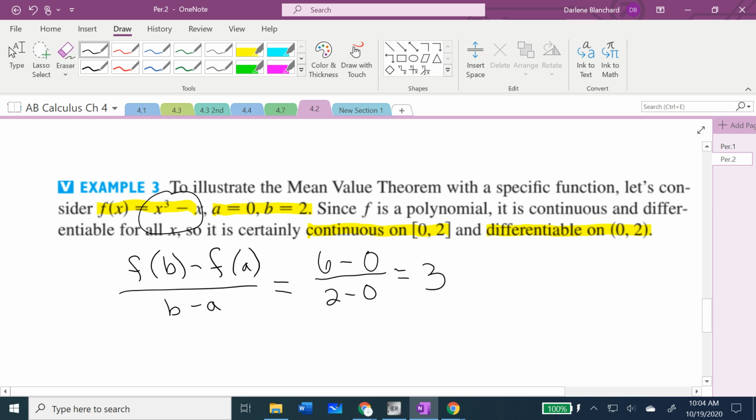And I have a value of 3. 3 is my average slope, my slope between endpoints. And I need to be able to show that the derivative of this function has to equal 3 and solve for what makes it equal to 3. So average slope and then derivative. And once you get that, then you must set the two of them equal.